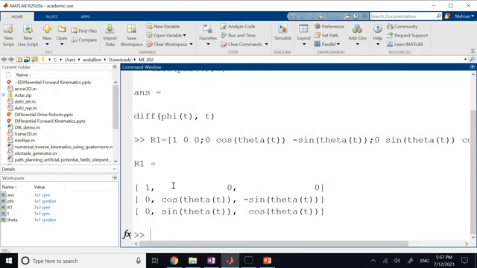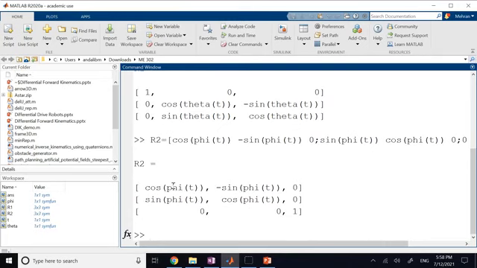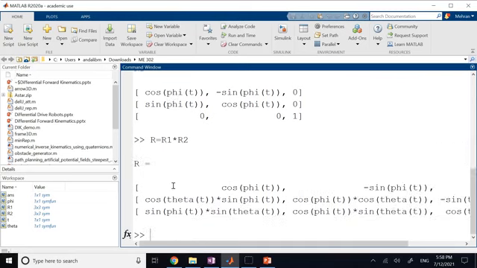Okay, so that is your X matrix, and then your Z matrix rotation is going to be cosine of phi of t, negative sine of phi of t, 0, sine of phi of t, cosine of phi of t, 0, and then 0, 0, 1. That's matrix 2. Now I say R equals R1 times R2.